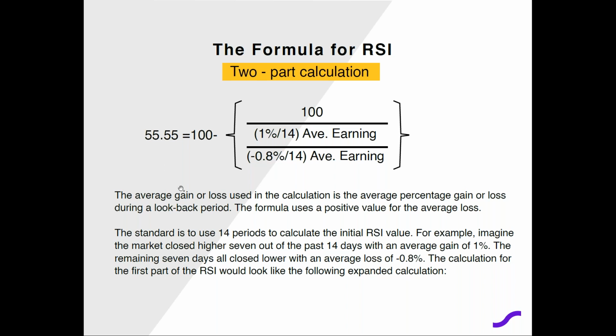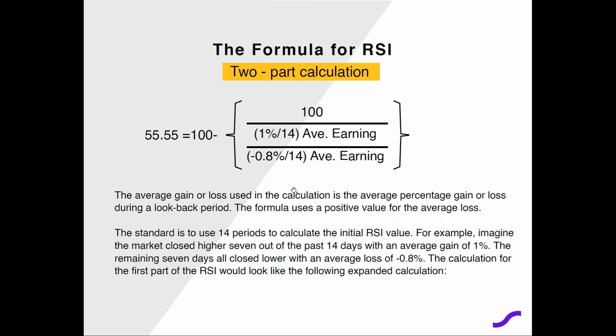The average gain or loss used in the calculation is the average percentage gain or loss during a look back period. In this case, it's 14 periods, which means if you're looking at a day chart, you're going back 14 days. If you're looking at an hour chart, you're going 14 hours back. You'll see some candlesticks closing higher, and some that are in a loss.